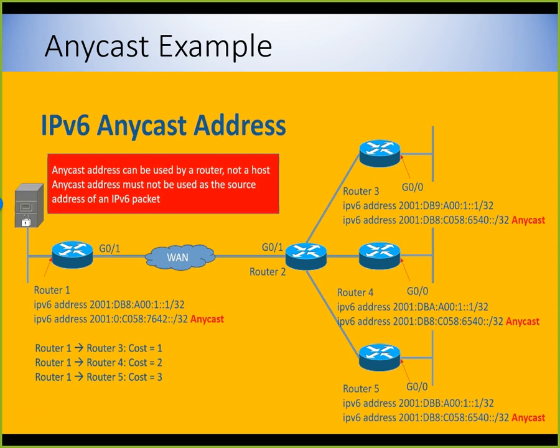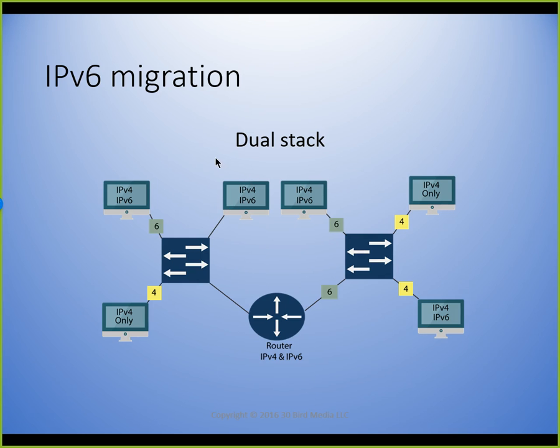This is kind of an image to try to show what an anycast address is. Here we have an anycast on these 3 different routers, and if I'm going from one location to the other, my router is going to have a cost to each of these things, and it's going to get me to the one that has the least cost, the one that is most advantageous to me.